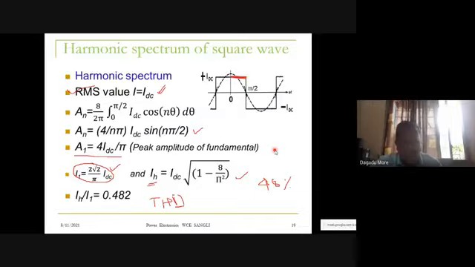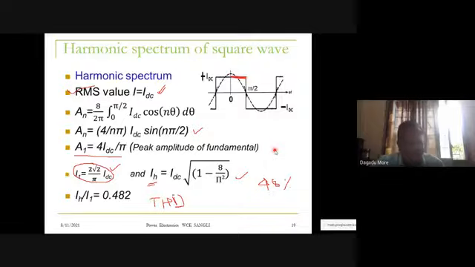For RL load, a highly inductive load, the source current is a square wave. And for RC parallel load, the source current has a positive pulse and a negative pulse. For this source current waveform, we can find out the total harmonic distortion.